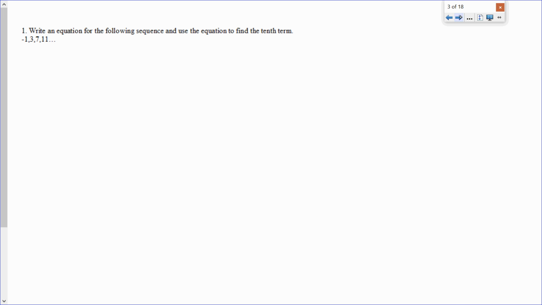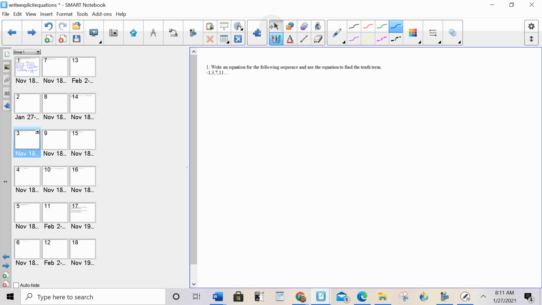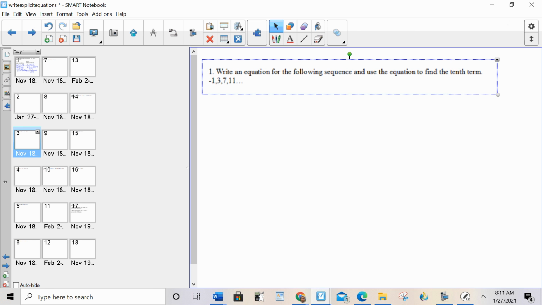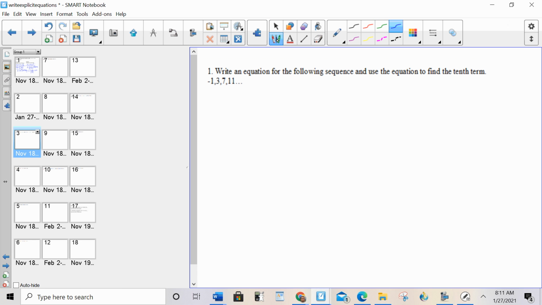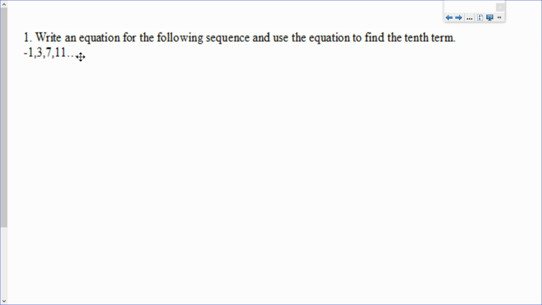Number one, write an equation for the following sequence and use the equation to find the 10th term. The first thing I have to determine is if this is arithmetic or geometric. Is the pattern adding or is the pattern multiplying? What would I have to add to -1 to get to 3?